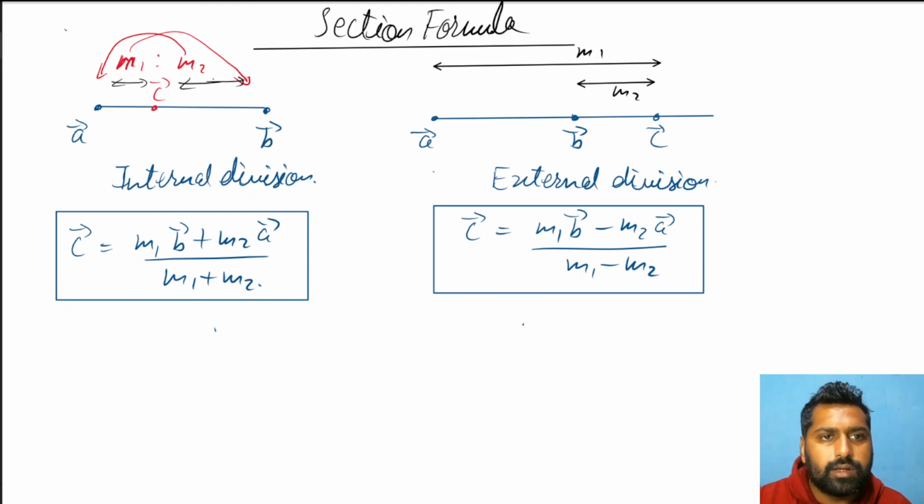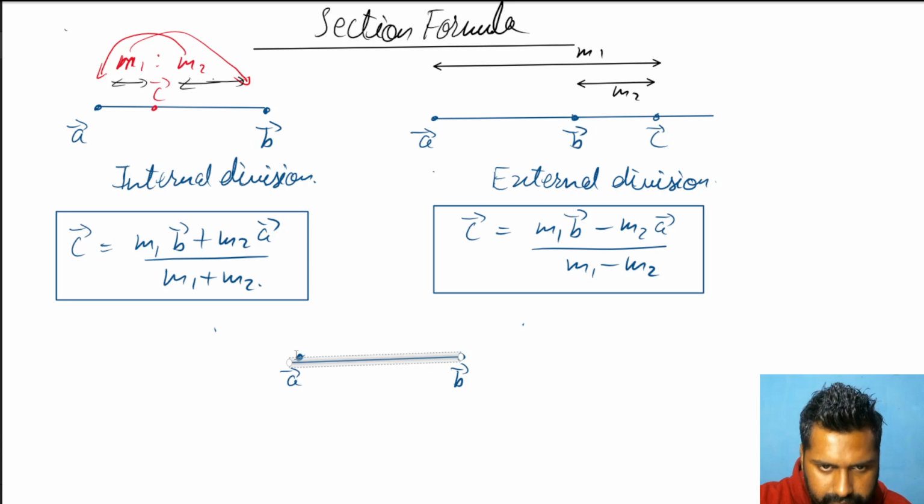Suppose you want to calculate the position vector of a midpoint. Let's say A is a point, B is a point, and you want the position vector of their midpoint.